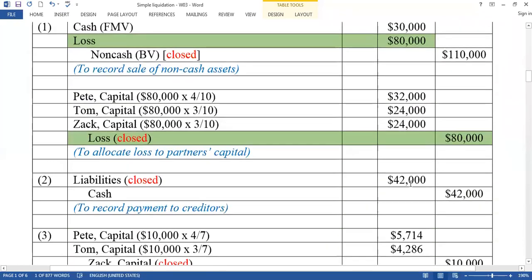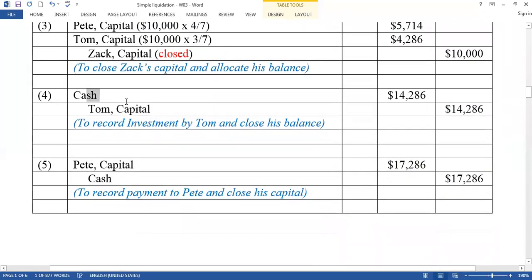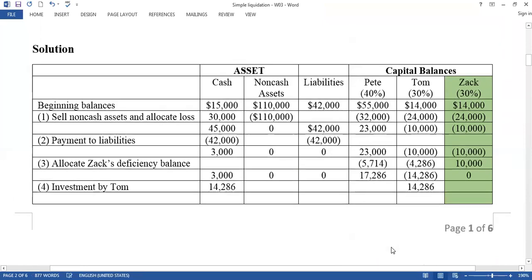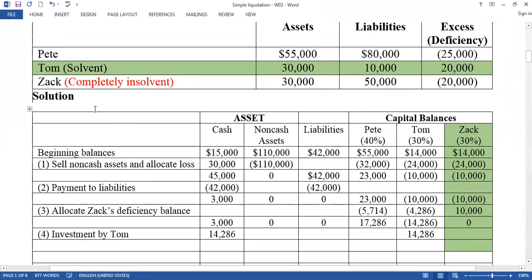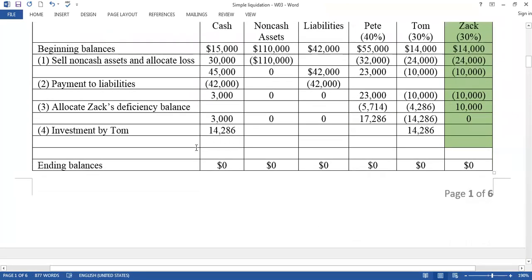Now look at the journal for 4. Business receives cash 14,286 and Tom's capital increases 14,286, right? After that, what is the balance? Cash becomes 17,286, right?